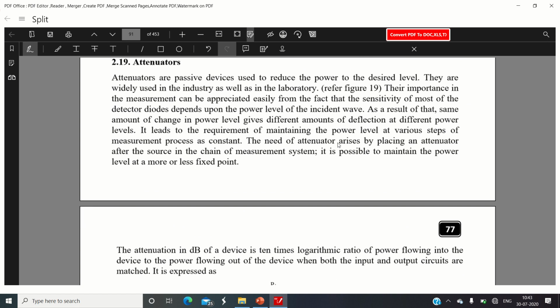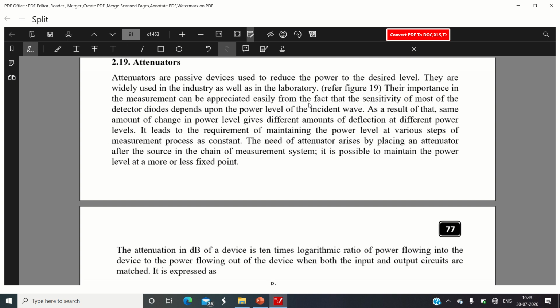It is very important to attenuate the signal in microwave detector diodes, especially when we use a diode detector circuit in order to detect the microwave signal. Please remember, the same amount of change in the power level is not always going to generate the same amount of deflection.